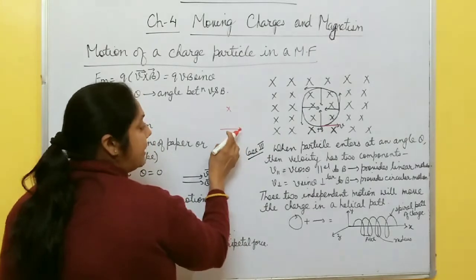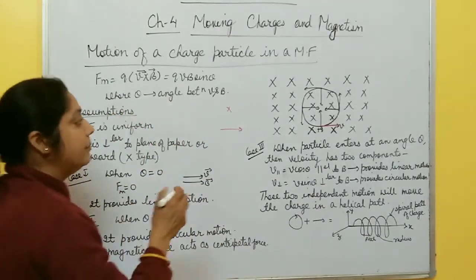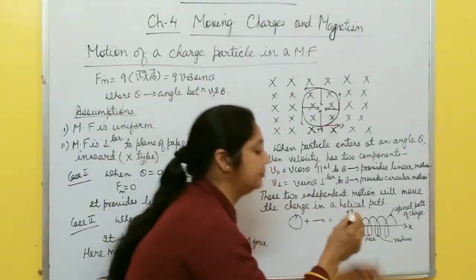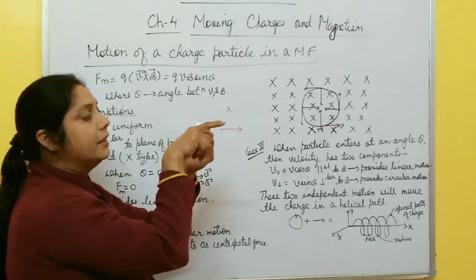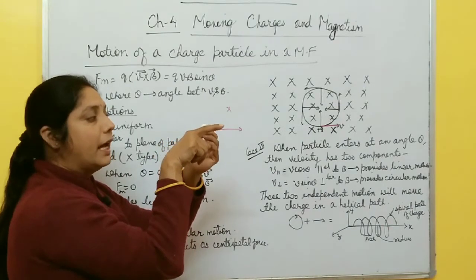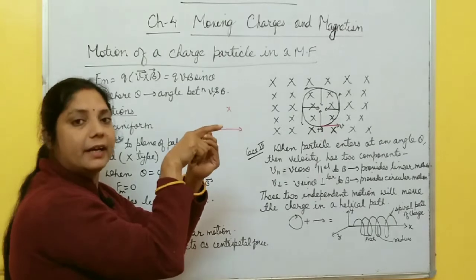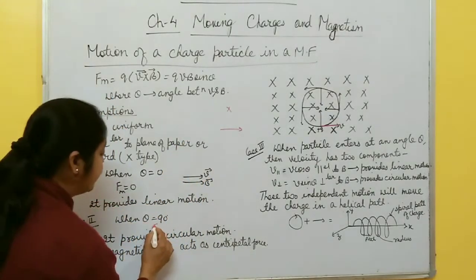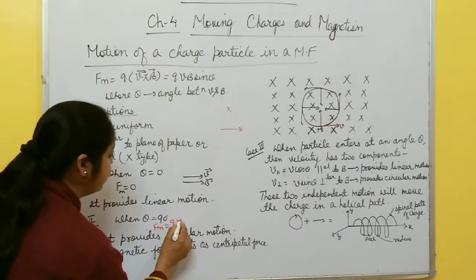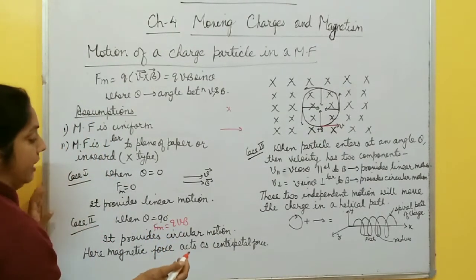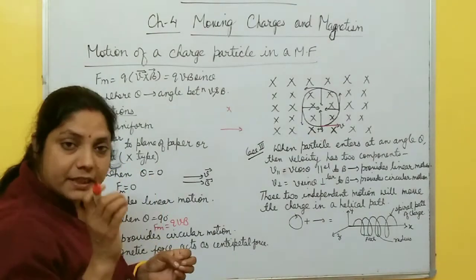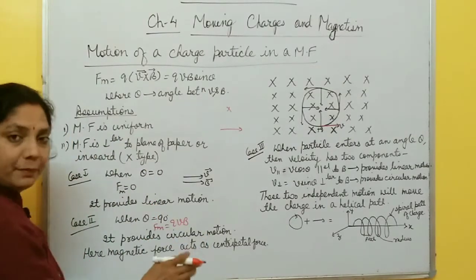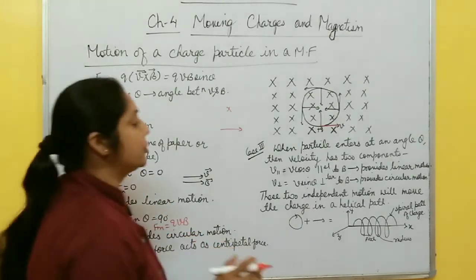The angle between this velocity v and this magnetic field is what? 90 degrees, right? So when theta is 90 degrees, Fm is maximum, the magnetic force is qvB, because sine 90 is 1. The particle experiences some magnetic force, and this magnetic force acts as a centripetal force and it provides circular motion of the particle.